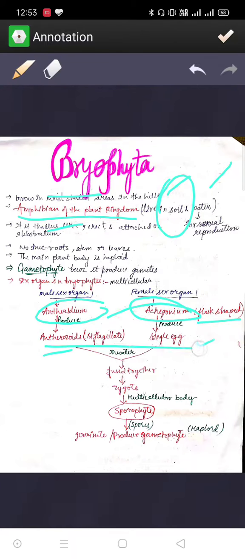These two types of sex cells fuse together to form the zygote. As we know, the fusion of these sex cells needs water.